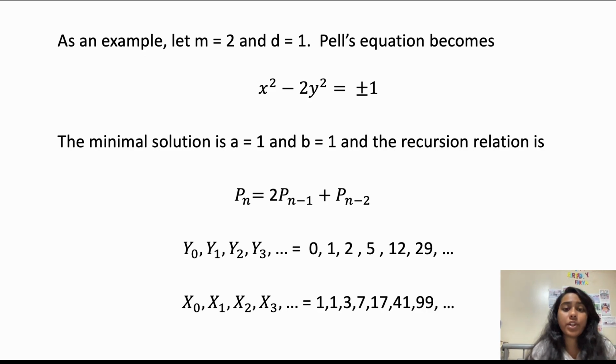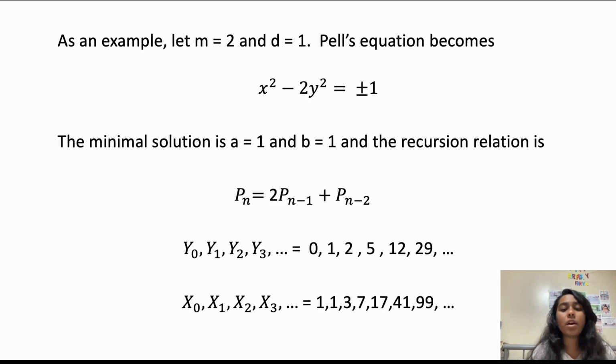For this equation, the minimal solution is 1 and 1. To find the minimal solution, I used the Maple software, which is a very popular mathematical software, and I wrote some code by which I can easily find the minimal solution for any equation. For this equation, I get the minimal solution 1 and 1.